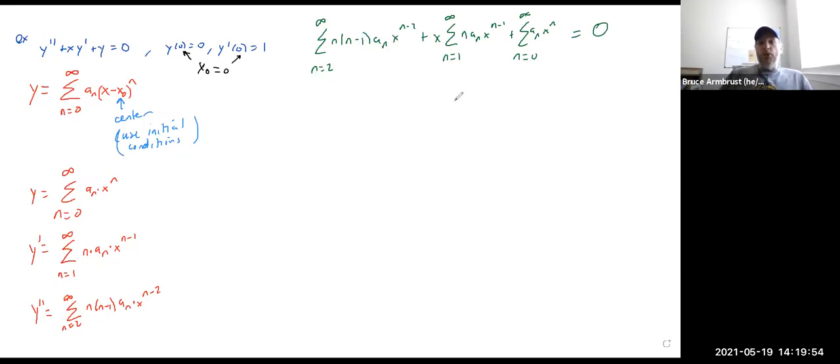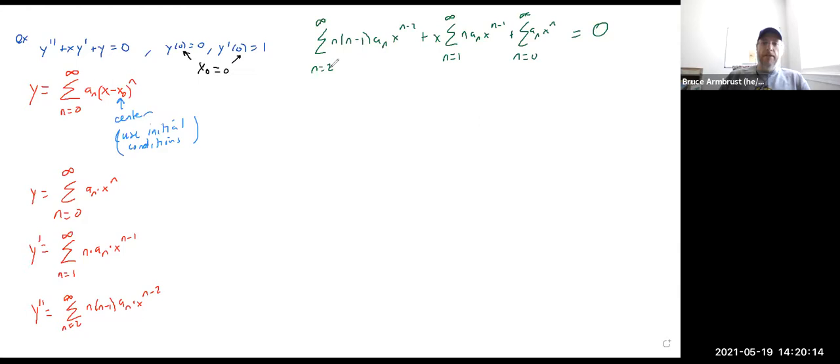So what we're going to do is find all of the things that are like powers of x, group them together, and then make sure that their coefficients match what's over here. In this case, they're all going to have to be 0. So think about what this one looks like. We'll write out the first few terms.